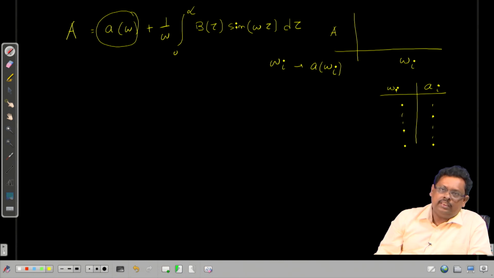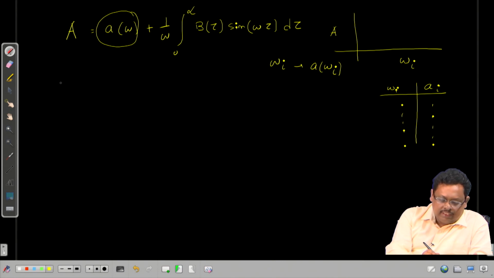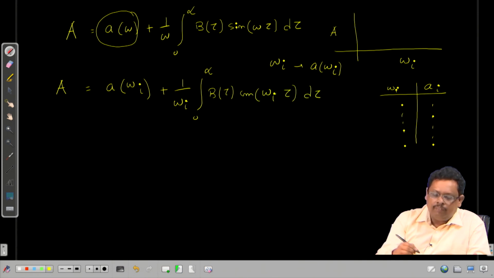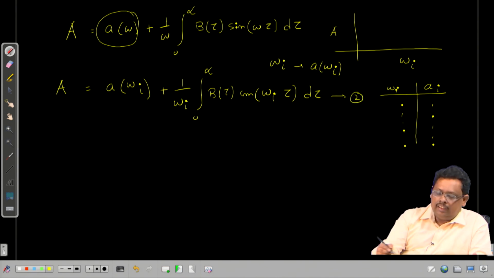Remember, this equation is satisfied for all omega. So, for each omega i, I solve A(omega i) plus 1 upon omega i, integral 0 to infinity of b(tau) sine(omega i tau) d tau, numerically to get the solution for A, and then I see how the graph looks.